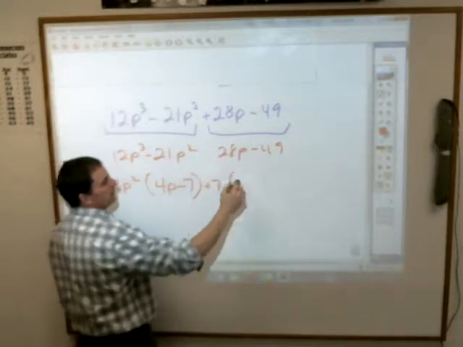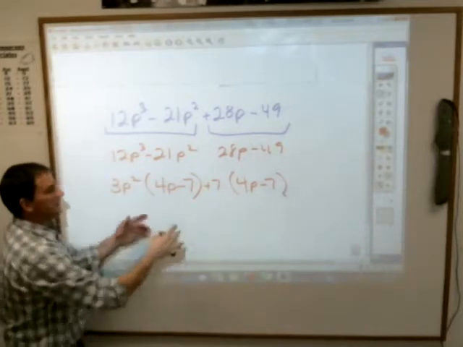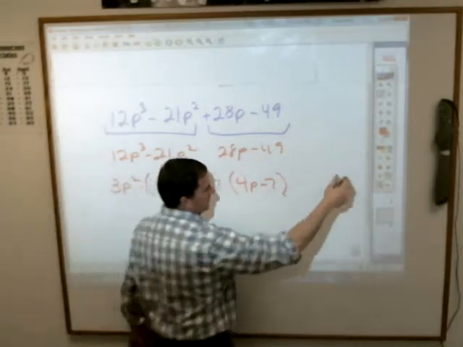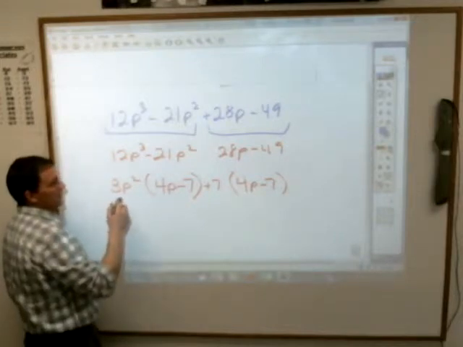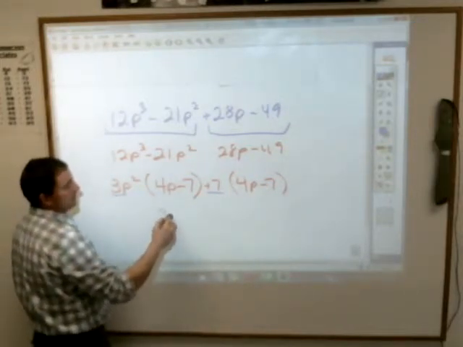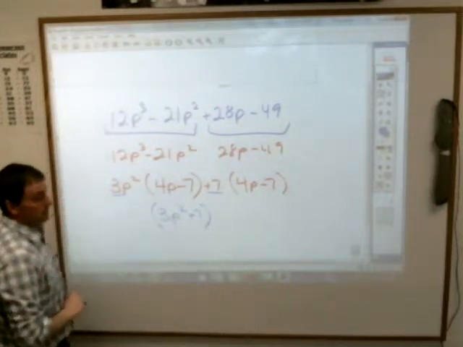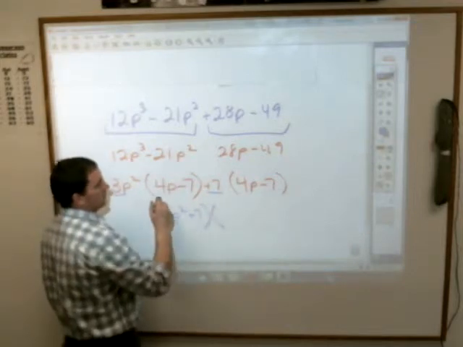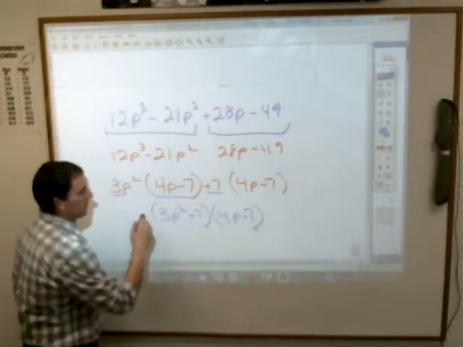When you do, you're left with a 4p minus 7, which is very good because if you have a common factor there, then you can rewrite this as a binomial times a binomial. With this and this as your first binomial, 3p squared plus 7, make sure you put it in parentheses, and then just one of those because that is the reverse distributive property.